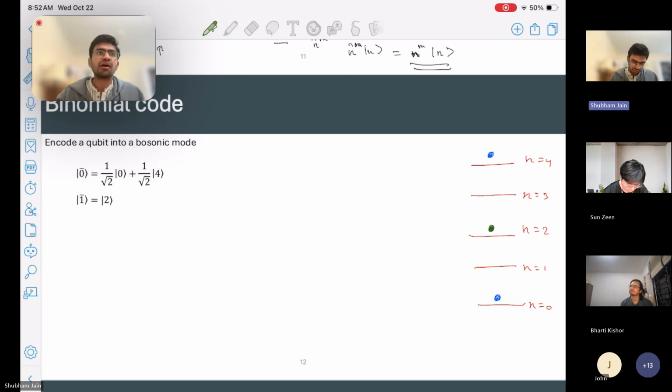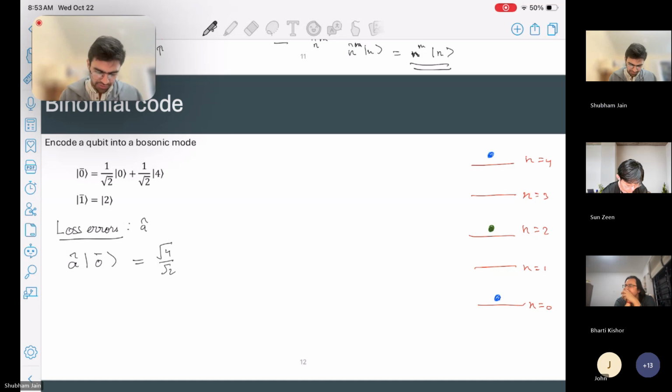Now let's see how it can correct loss errors. My claim is that this sort of encoding can protect against up to one loss error. So the action of the loss error on the logical states, we can easily write down. All of the contribution comes from the |4> component, because the vacuum state is just annihilated.